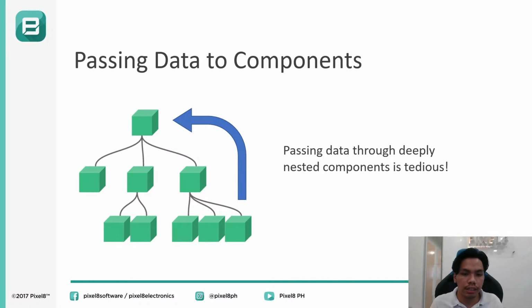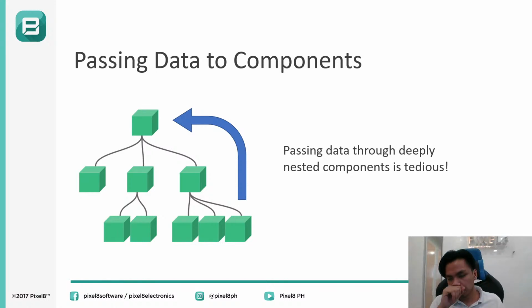Imagine your data is on the third level, and you need to pass that data back to the first level, the one at the top. In order to do that, you need to pass the data to the second level component, which is its parent, and then that second component is going to pass that exact data to its parent again. So we need to create two processes just to pass data back to the parent.